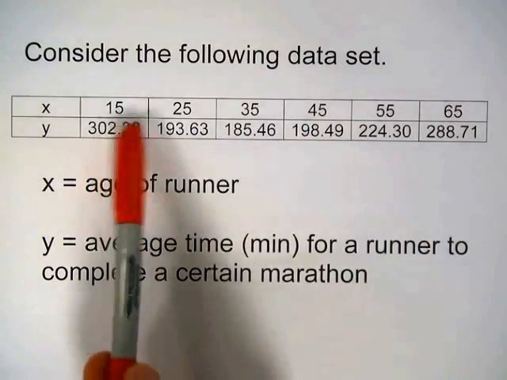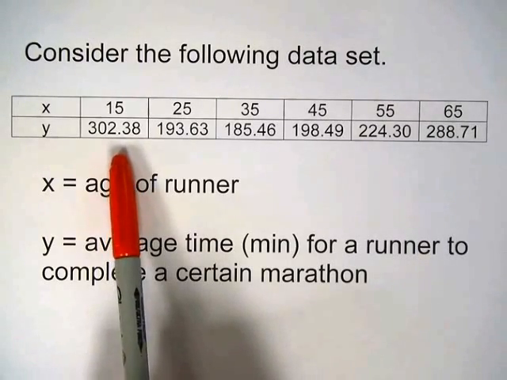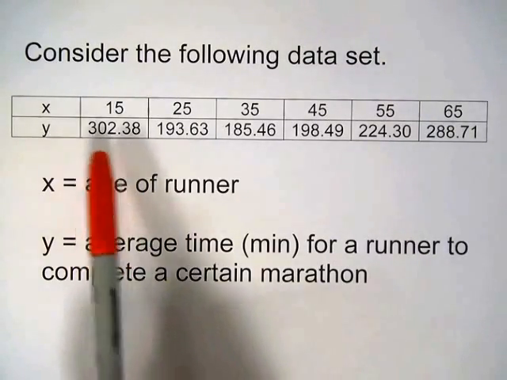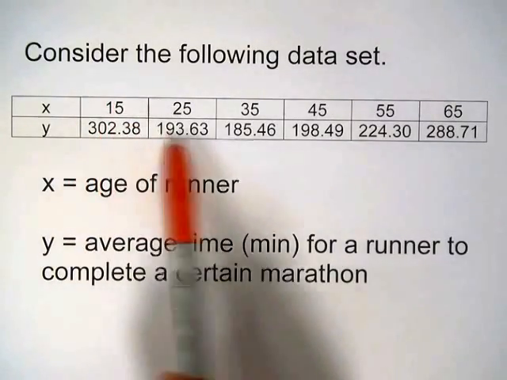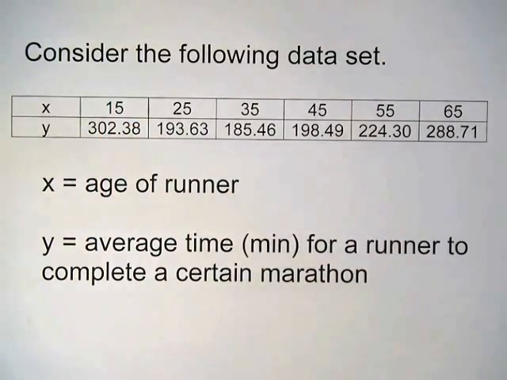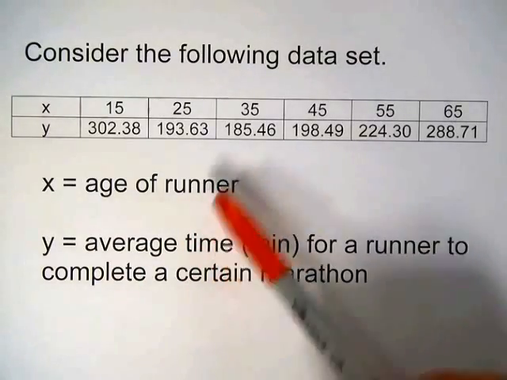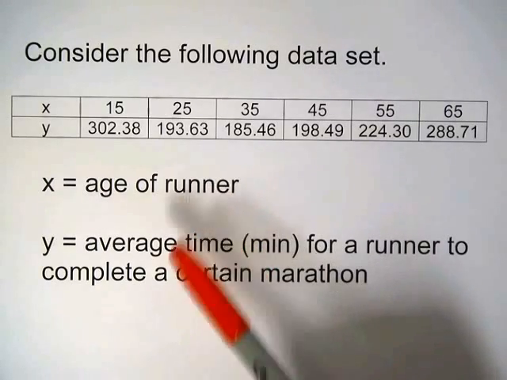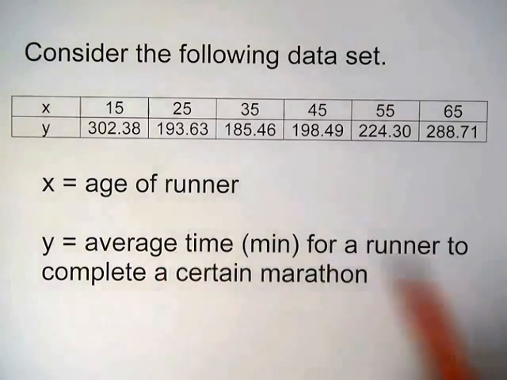Okay, we can also see the 15-year-olds, probably because they're not as experienced running, they don't have the same muscle mass or whatever will affect their running ability, but you can see that their time is a lot higher than somebody a little bit older. So I would say that if we had to pick which was the explanatory and which was the response, age of runner would be the explanatory variable, and then the average time would be the response variable.